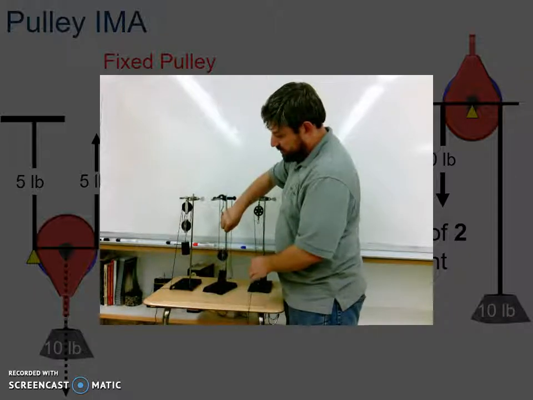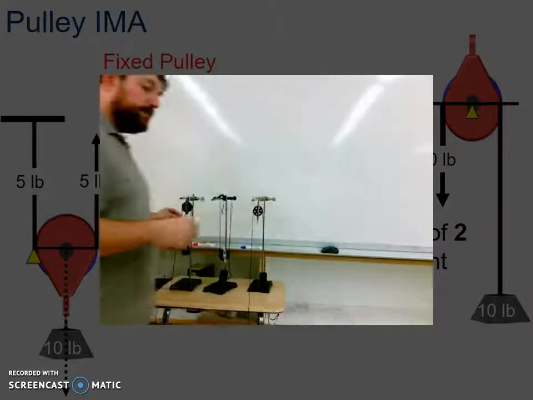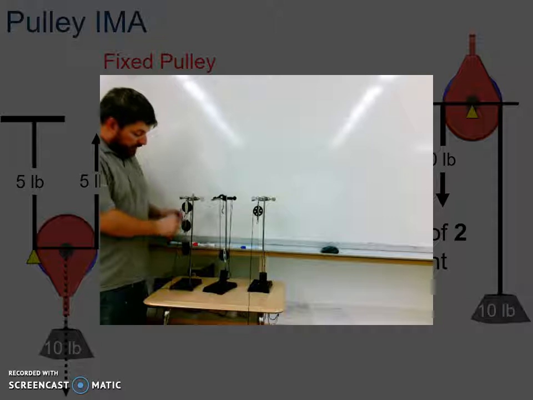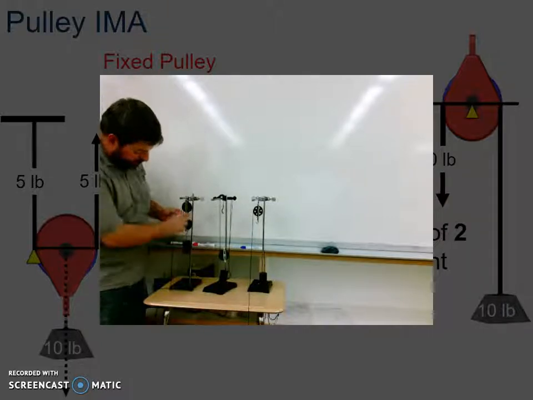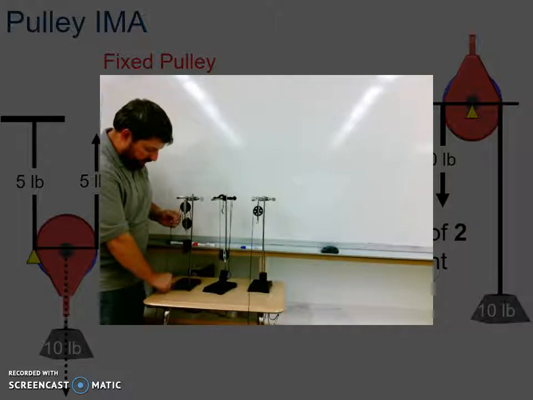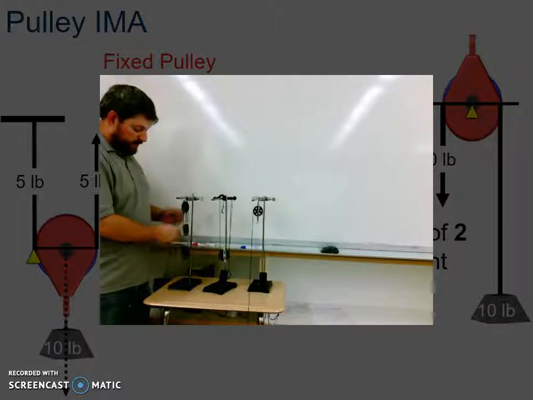We go to our third and final one, where we can combine fixed and non-fixed pulleys, and they're going to create what we call a block and tackle system, where you have multiple fixed pulleys and multiple movable pulleys. Again, we count how many strings there are. 1, 2, 3, 4, 5.